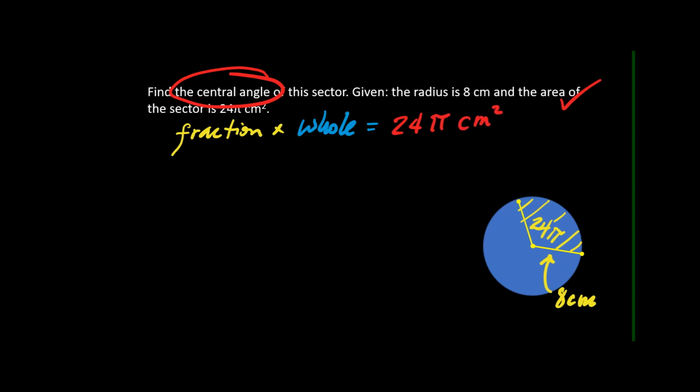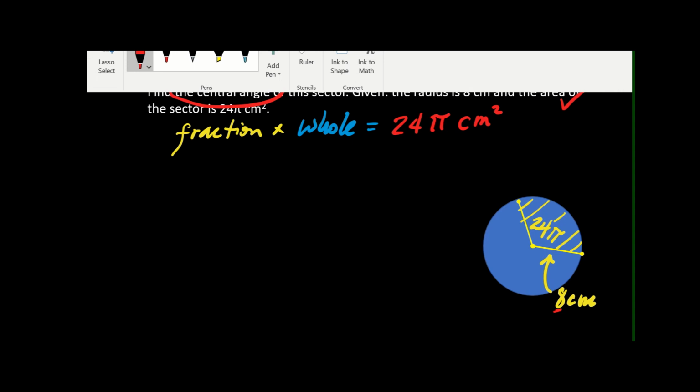Okay, and then which one of these do we know? Do we know the fraction, or do we know the whole? We don't have any degrees over here. There's really no way to see the fraction, but we do have a radius. Once you have the radius, you know it's pi r squared, so that's 64 pi is the whole thing.